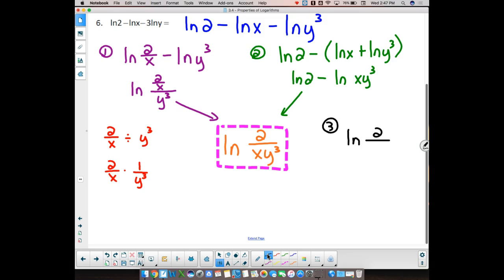Well, I'm subtracting the natural log of x, so the x goes downstairs. I'm subtracting the natural log of y cubed, so the y cubed has to go downstairs. Okay? 3 different methods to do the exact same problem. Biggest takeaway from that? No fractions and fractions. One fraction only. Okay?